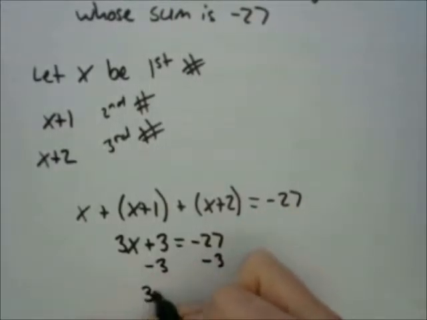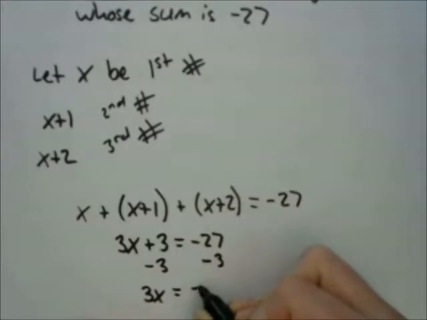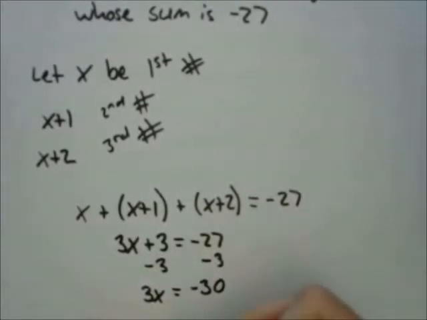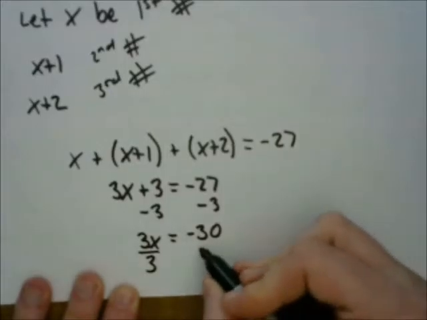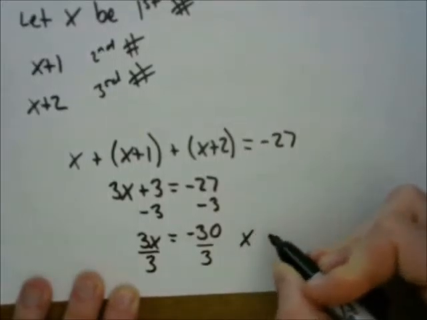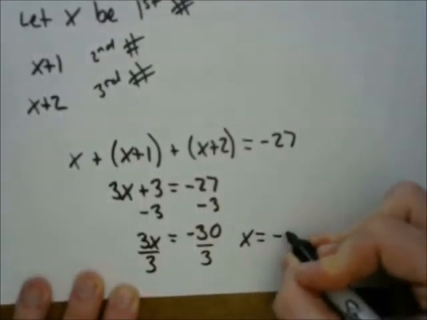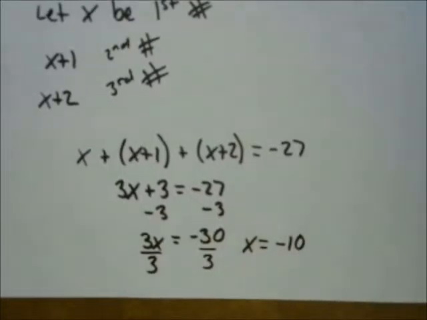So 3x equals negative 30. Then divide by 3. x equals negative 10.